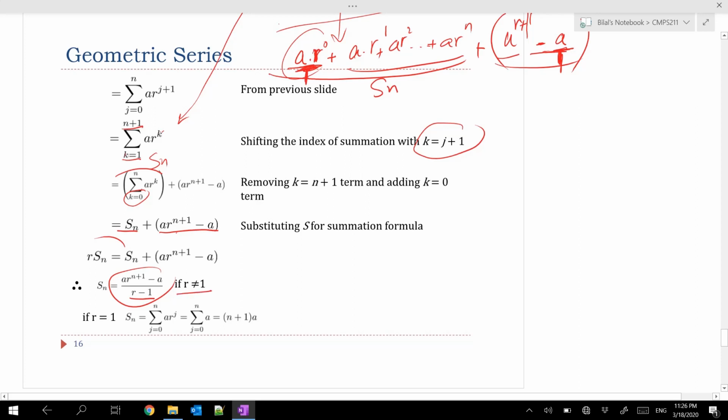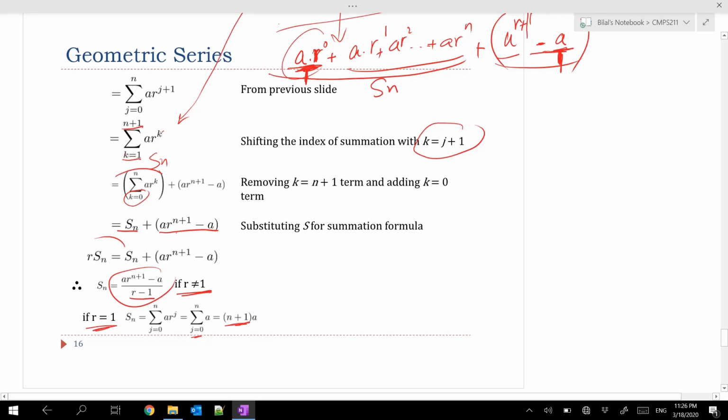And this is true if r is different than 1, and you have also the obvious case where r is equal to 1. It's just the summation of a, a, a, n plus 1 times, starting from 0, so it's n plus 1 times, and this is why it's n plus 1 times a.